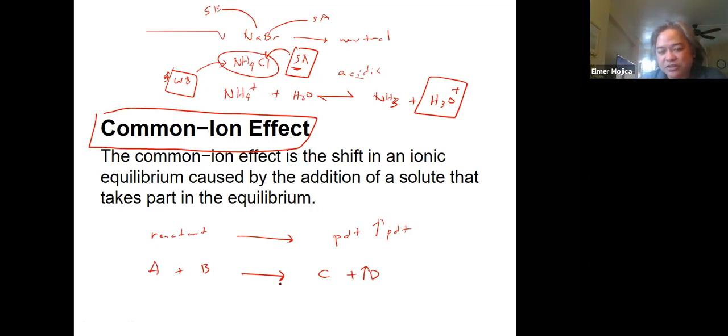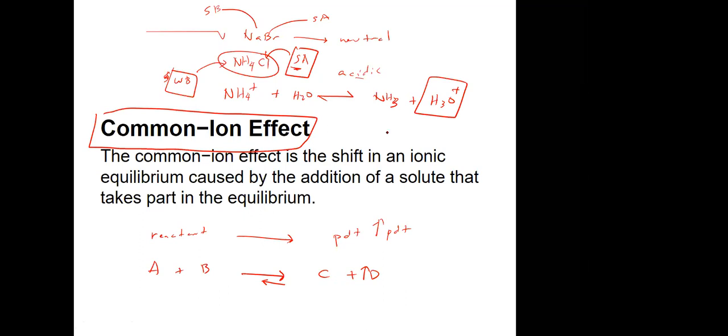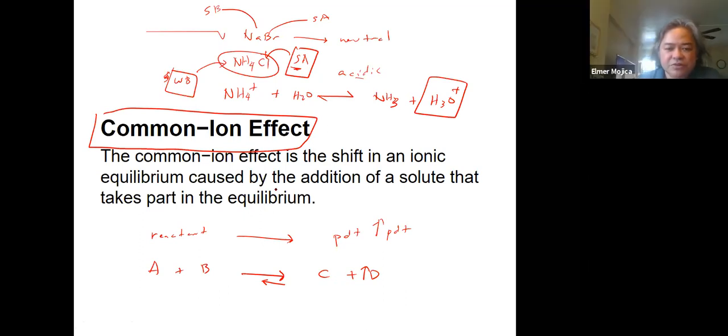So usually it will shift the equilibrium going backward. It shifts the equilibrium to the left. So if you add more C here, what will happen is it will also shift the equilibrium to the left, or it favors the backward reaction.